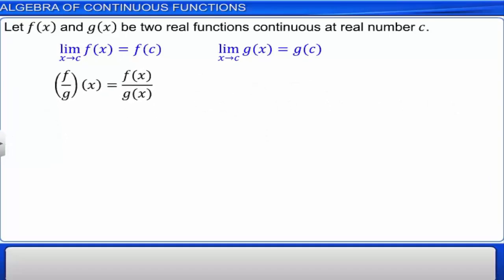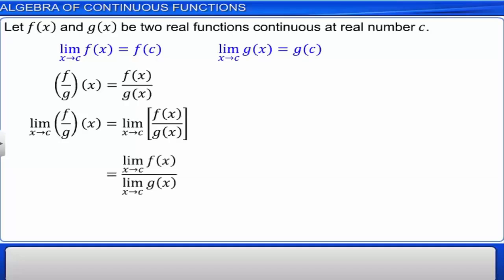By a theorem on limits, the limit of (f divided by g) of x as x approaches c is equal to the limit of f of x as x approaches c divided by the limit of g of x as x approaches c.